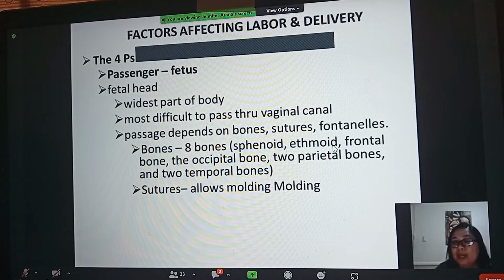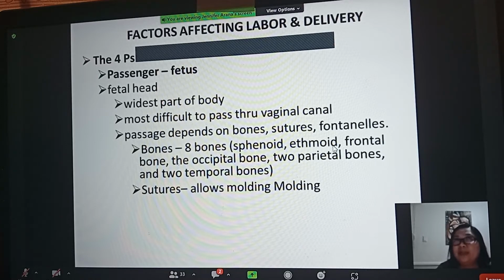It's because of the sutures, which allow molding. Sutures, or intermembranous spaces, would overlap together, allowing the bones to overlap and thus allowing the head to pass through the pelvis.